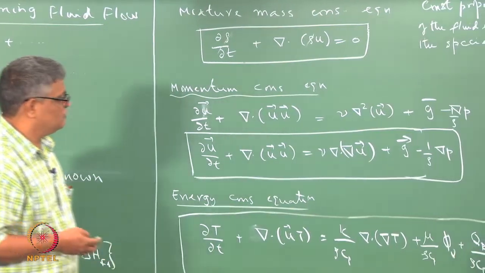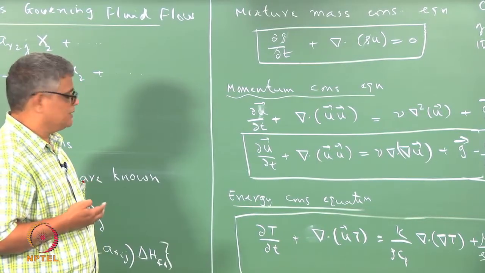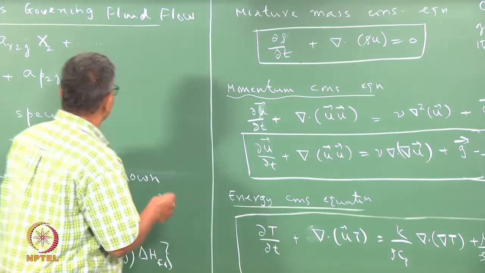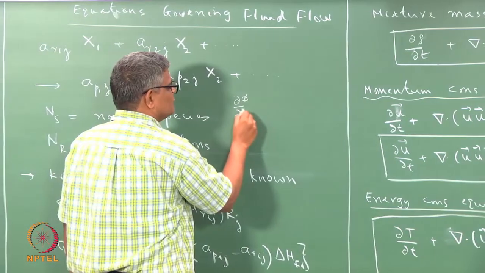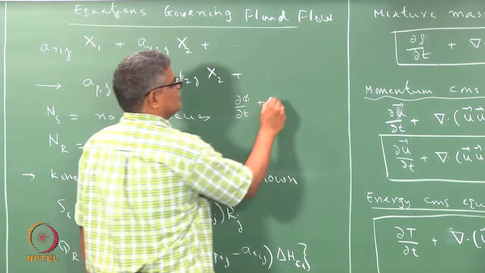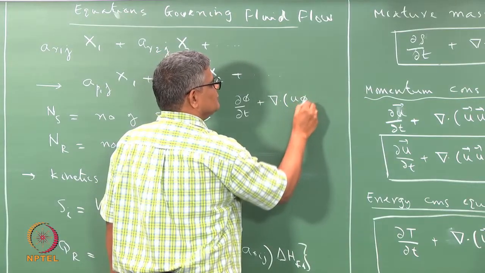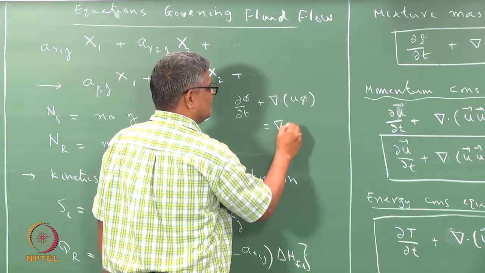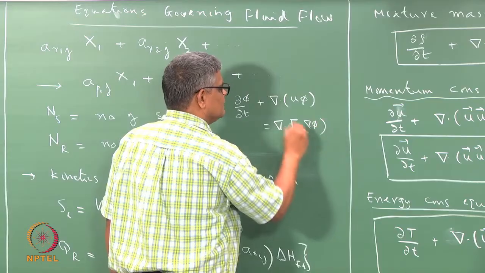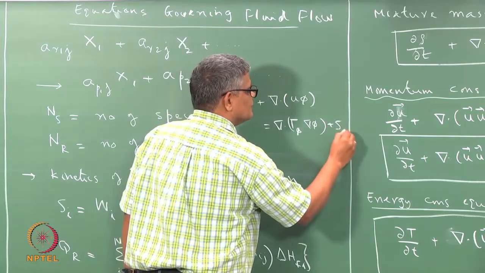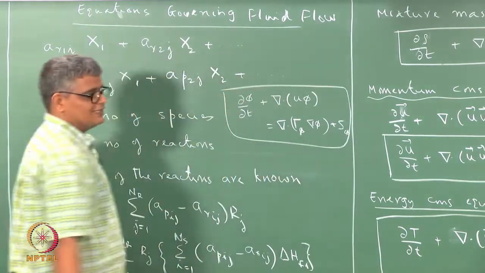That characteristic form is what is essentially known as the transport equation form, where something is written in terms of dou phi by dou t plus del dot u phi equal to del dot gamma phi times gradient of phi plus a source term. So this is the standard form of this equation.